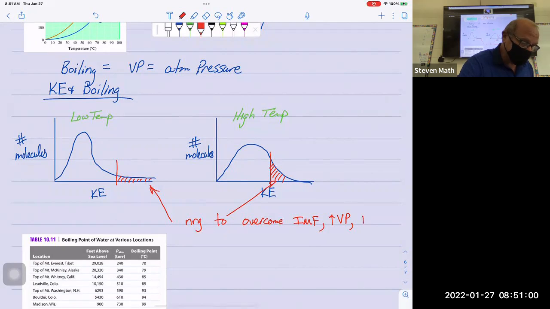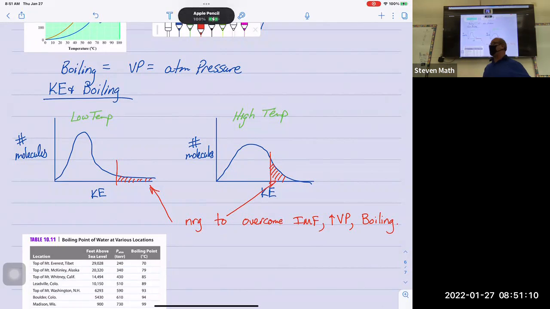Boiling. So at a higher temperature, more molecules are going to have that distribution, bigger area under the curve at a higher temperature, because there are more molecules that have enough energy to overcome and break out of that liquid phase and to boil.